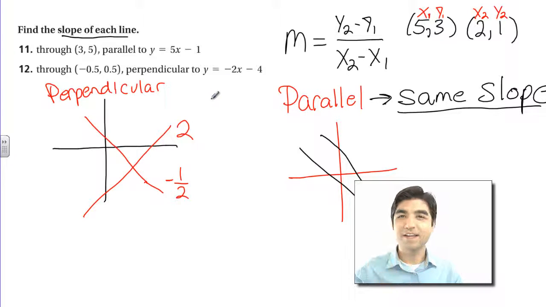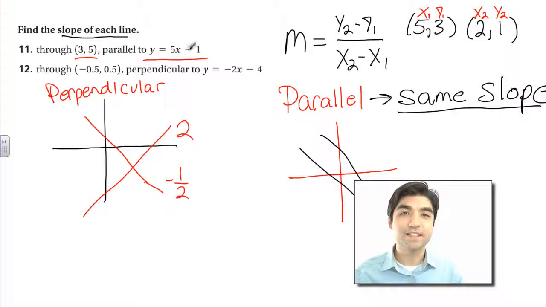Okay, now with all that knowledge, let's use that to answer our question. It says, find the slope of a line that goes through 3, 5, and is parallel to the line y equals 5x minus 1.